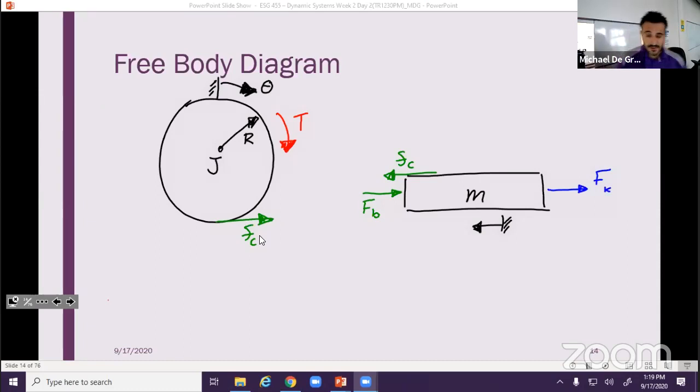It's an internal force. Once we put it back together, as long as they're equal and opposite, it doesn't matter which way you pick it. They're going to cancel each other out. As long as you pick them, much like the spring, it's very wrong for them to be in the same direction. But as long as they're in opposite directions, then we're good.